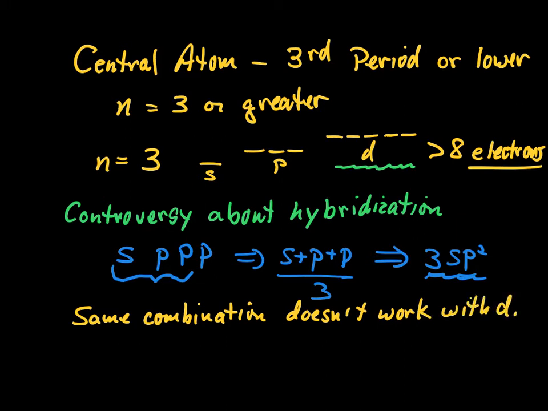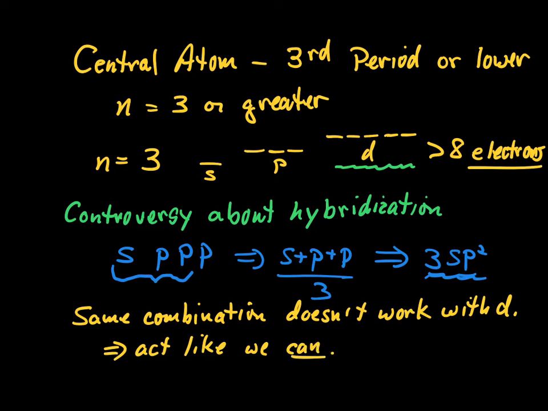And so we can't really say that d participates in the hybridization because we can't make the same kinds of predictions we can with S's and P's. But in this case, we'll go ahead and act like we can.